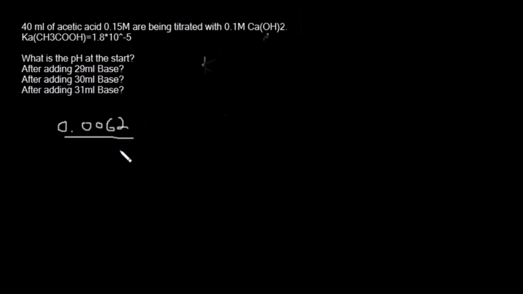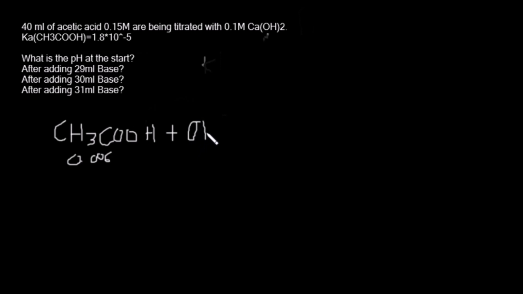Remember that. Now we type the equation of the acid and the base. Acid, we had 0.006 moles. We added hydroxide. How much did we add? 0.0062, which is more.